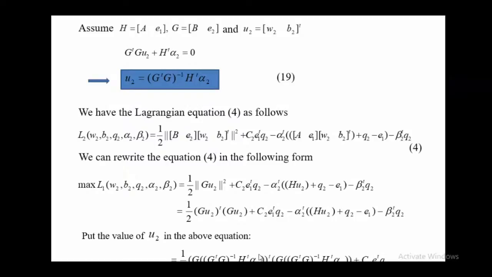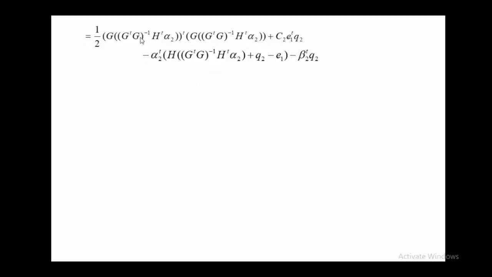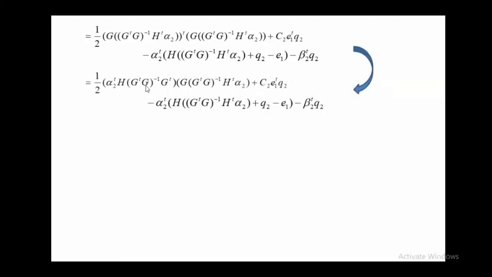So what I have done here is the transpose will come from this side to alpha 2 transpose, this H will be here, G transpose G inverse, this G transpose, and again this particular term will be from here plus C2 transpose Q2. All other terms will be the same.